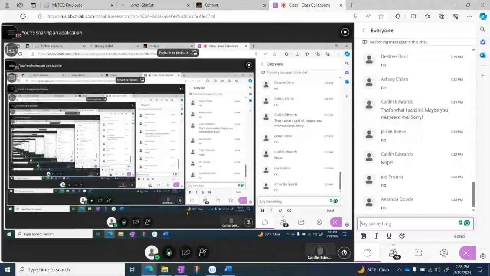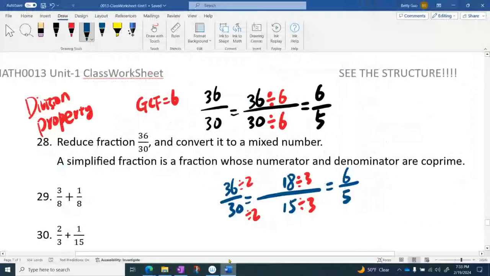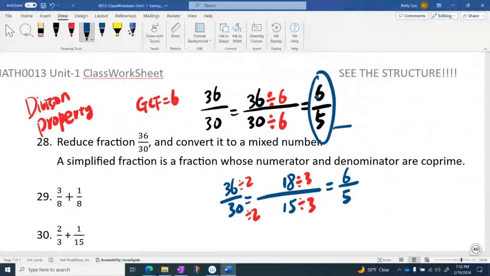Well, anybody can help me to rewrite 6/5 as a mixed number. 6/5 is improper. Improper, proper, mixed number. Do you remember those concepts? Proper fraction has a numerator smaller than the denominator.